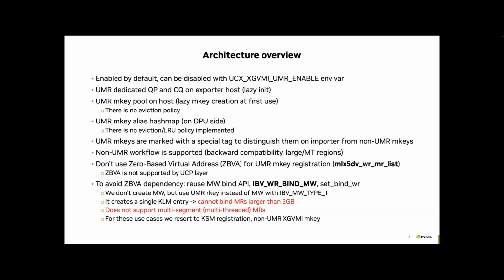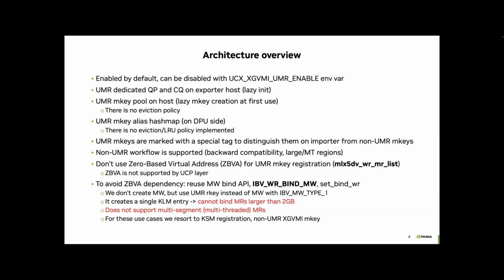And basically, we were looking for options to get rid of this limitation, to get rid of this dependency. Several approaches were investigated. If you want, I can tell you more about this later. And finally, we decided to leverage verbs API for binding memory window, which is IBV_WR_BIND_MW.